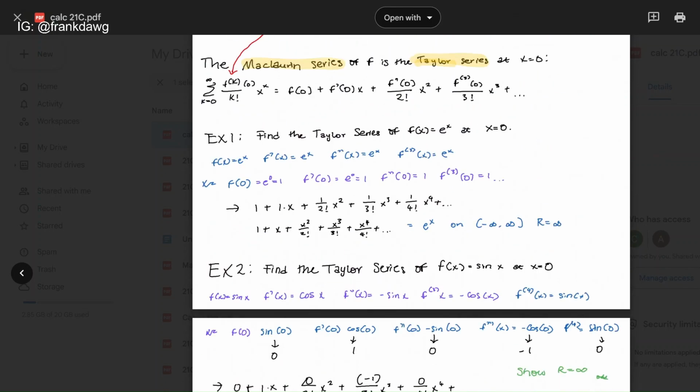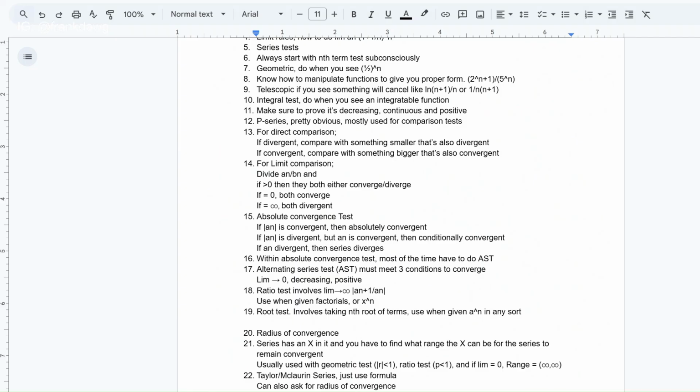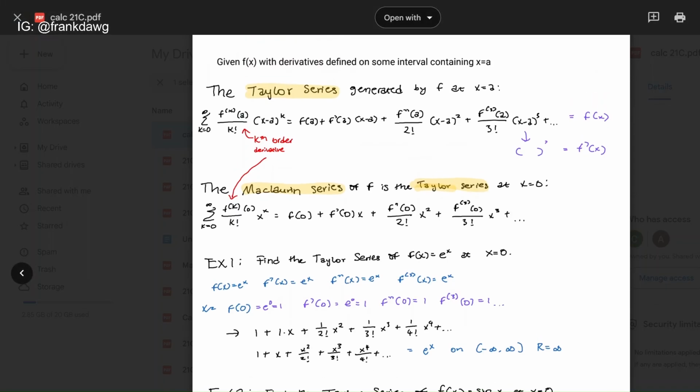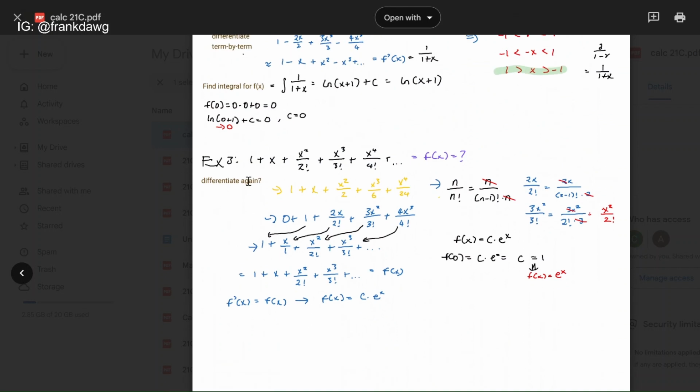And then the last topic, which was right here, term by term differentiation and integration. So let's say this term, it's basically derivatives and integrals. When you do the derivative of this, it becomes that 3x over that, which becomes that.